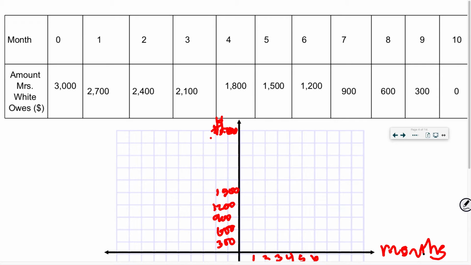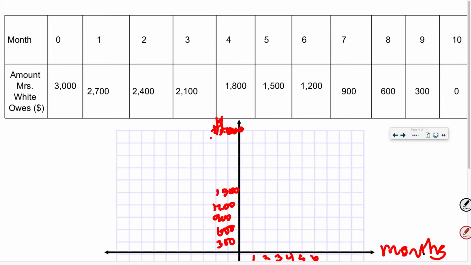The 3,000 is on the y-axis, because off the bat she didn't pay anything, so she still owed 3,000. Riley was saying that in 0 months, she owed $3,000. She hasn't paid anything off yet, so our coordinate is (0, 3,000).